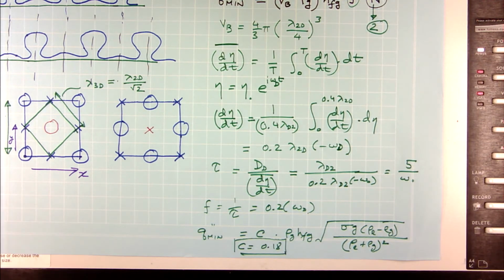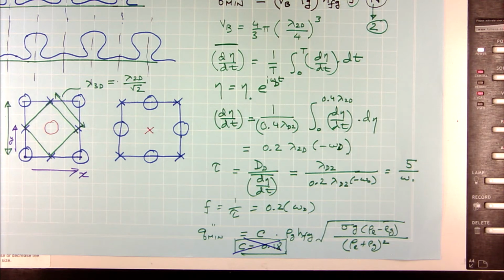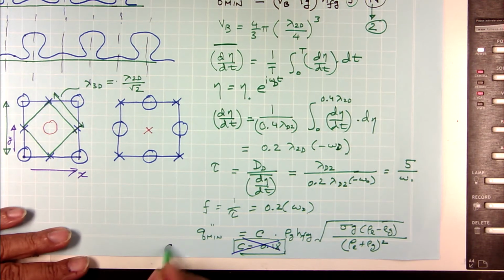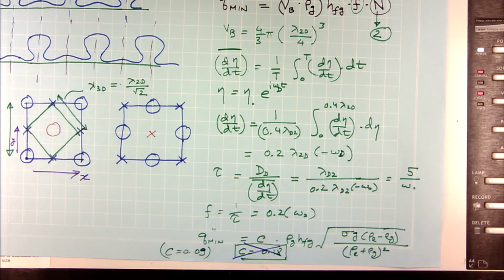Okay. But this is actually wrong. From experiments, people find that this C comes to about 0.09.